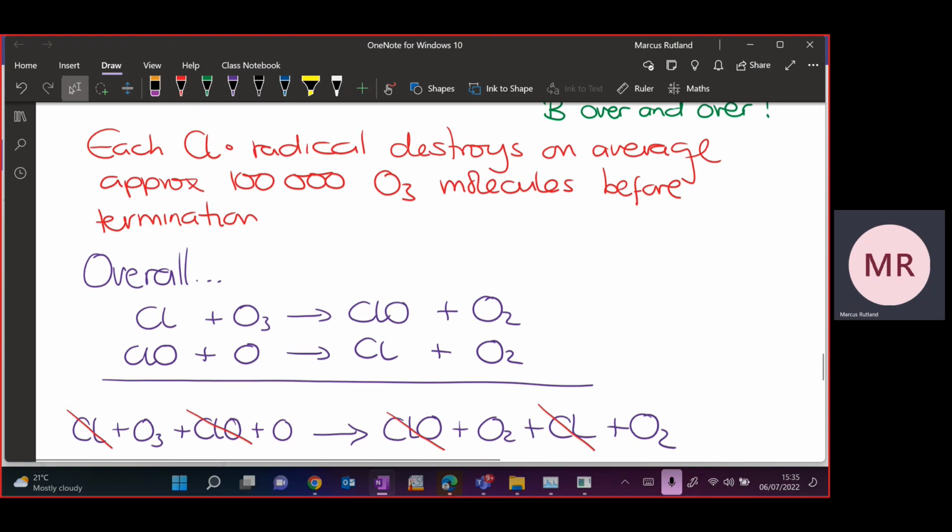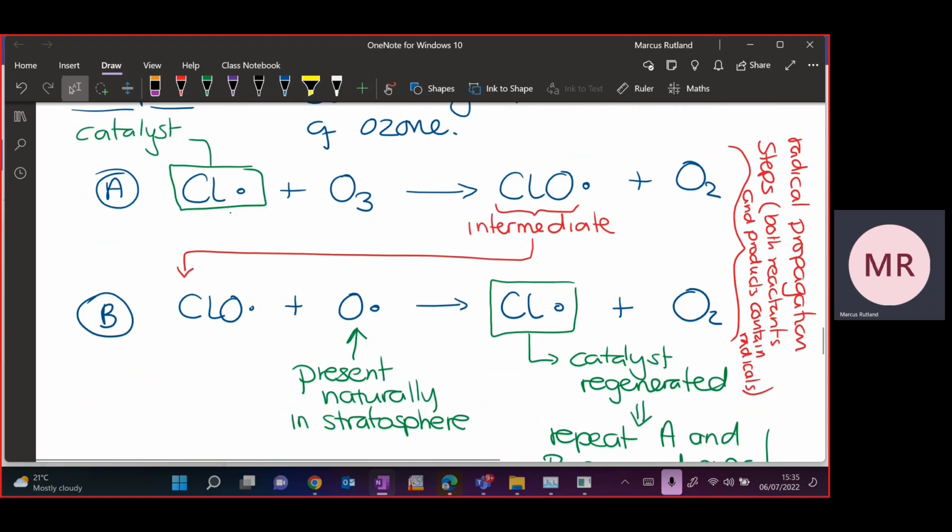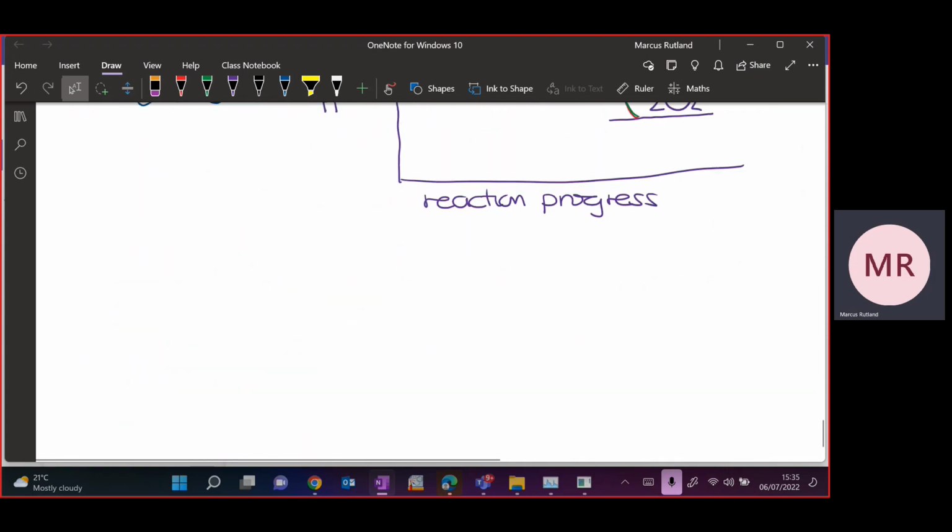If you think about the chlorine doing its thing here, what type of catalyst do you think the chlorine is acting as up there in the stratosphere? There's two types, with similar names, just the prefix changes slightly. And hopefully you're shouting, it's a homogeneous catalyst, Marcus. So the Cl dot acts as a homogeneous catalyst.